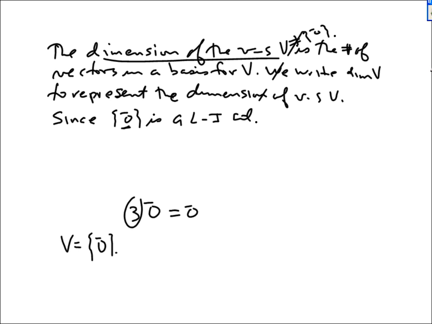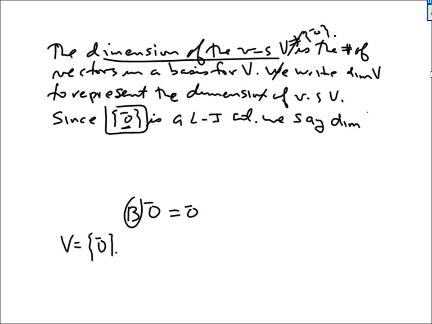Why did I pick 3? Because it wasn't 0. I could have picked 13. Okay, since the zero vector set is a linearly dependent set, there's really no basis for it.